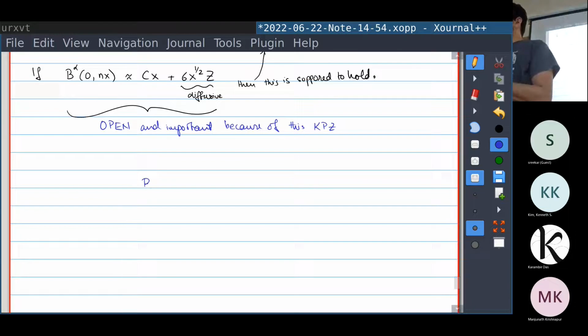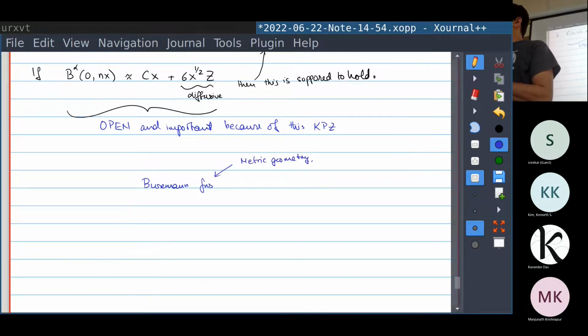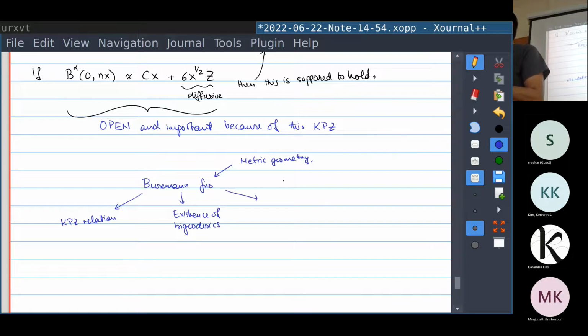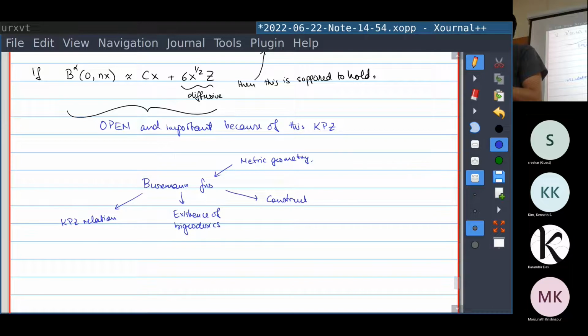Just to summarize, they come from metric geometry, but they're related to this KPZ relation, the existence of bigeodesics, and also connected to constructing families of compatible walks.